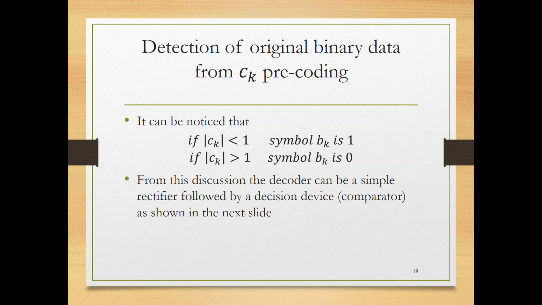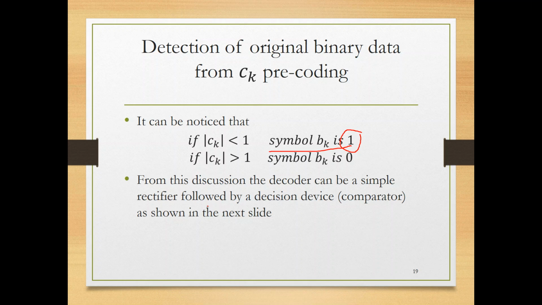So at the receiver side, considering that you are using precoding, the detected symbol PK will be considered as 1 if the magnitude of CK is less than 1. However, if the magnitude of CK is greater than 1, then symbol PK is 0. How do you get the magnitude of CK? CK can be positive or negative.